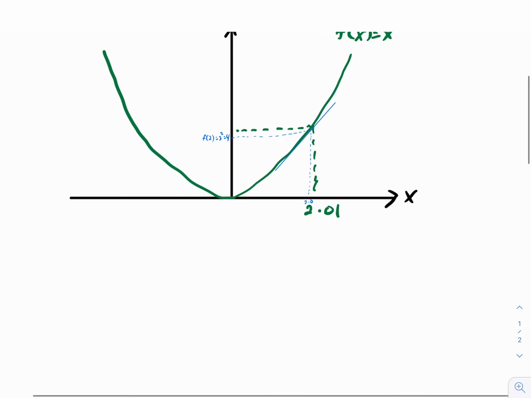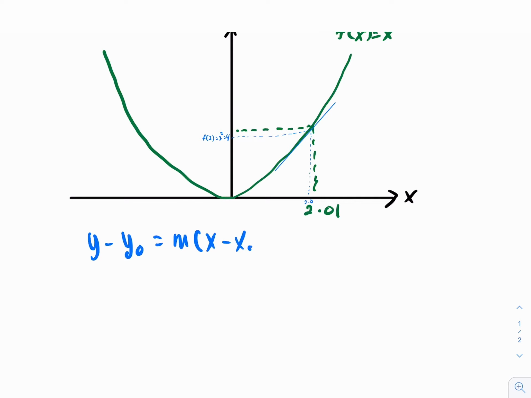From the tangent line, we know that y minus y naught equals m times (x minus x naught). Here we assume that our x naught is equal to 2. If I rearrange this, we'll have y equals y naught plus m times (x minus x naught).